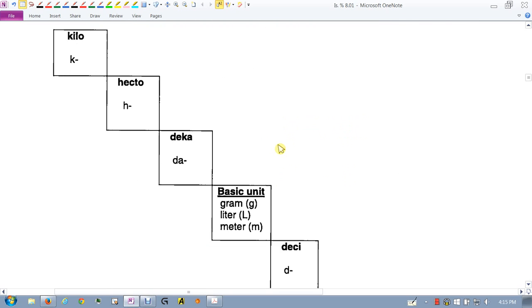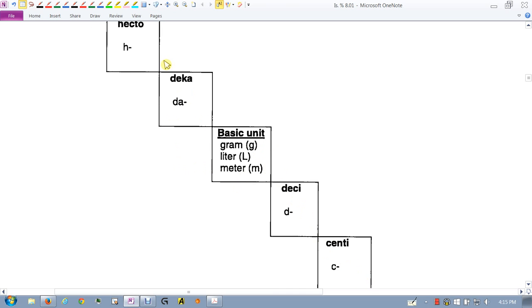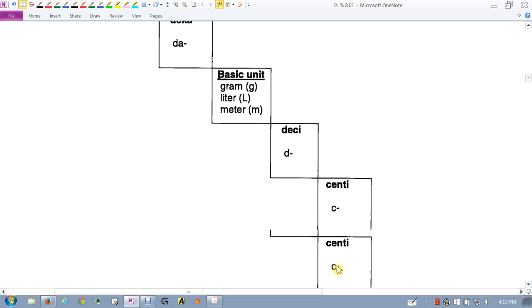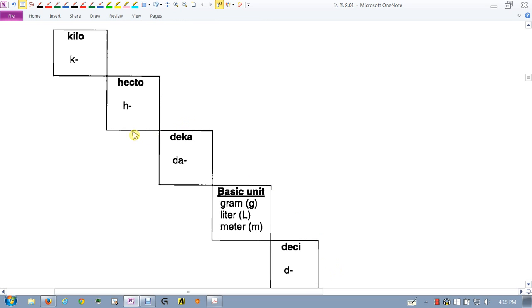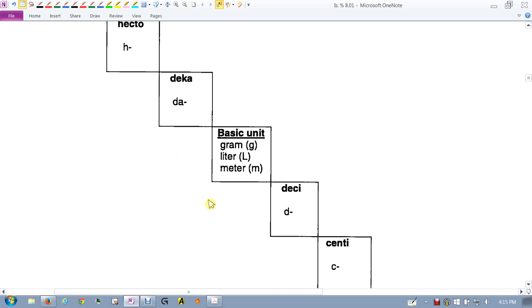Now, the thing that's good about this scale is that if someone gives you anything on this scale and you want to convert to something else, it's just a matter of moving the decimal over. That's all it is. So if you want to move down the steps on this scale, you're going to move the decimal point to the right by however many steps you want to go. If you want to move left on the scale, you're going to move the decimal point to the left.